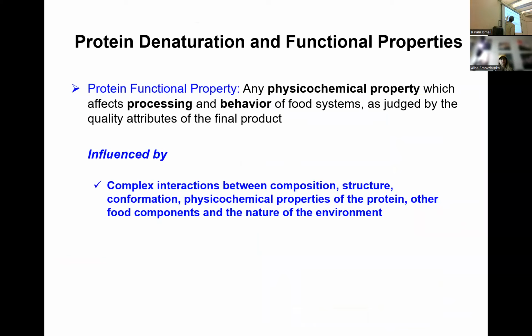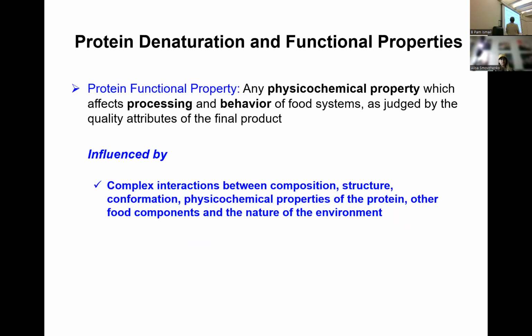And what are these functional properties influenced by? A lot of different things. So it's a compounded effect. Proteins do not exist in a vacuum, and a functional property is not just influenced by one characteristic.